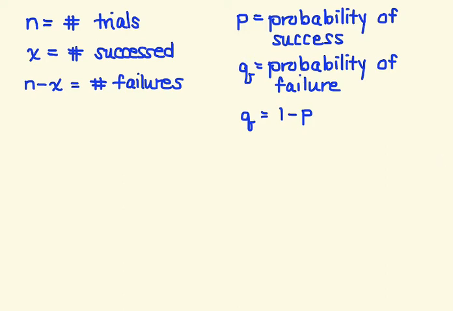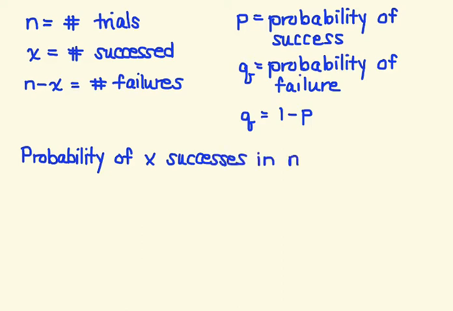Now, there is a formula for finding the probability of x successes in n trials in a probability distribution. So let's write this out. The probability of x successes in n trials is equal to the following formula.